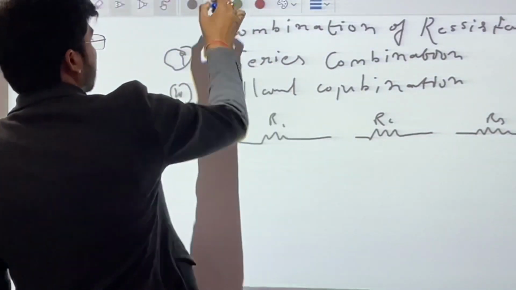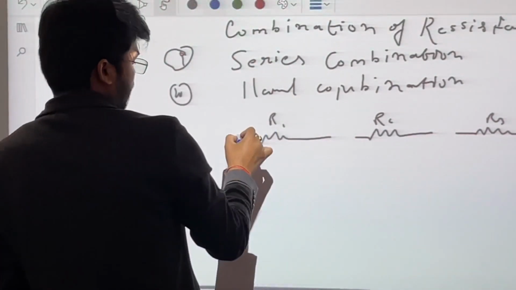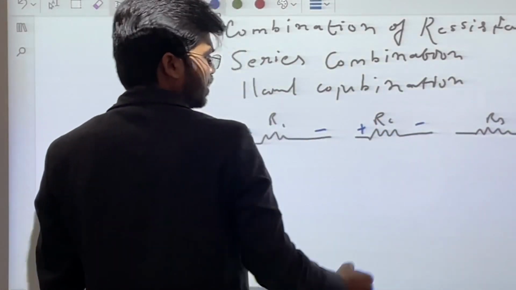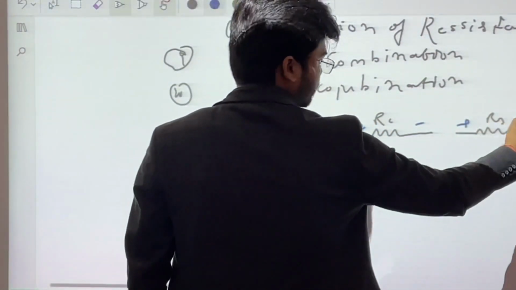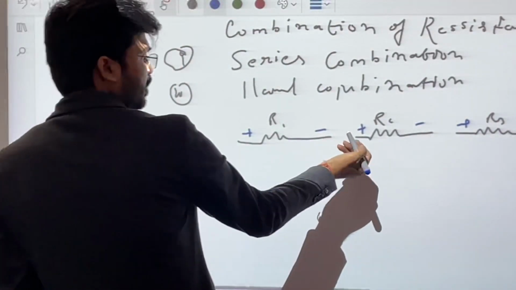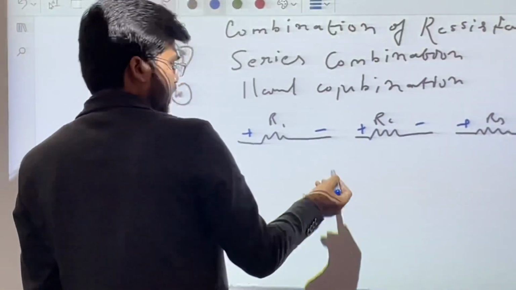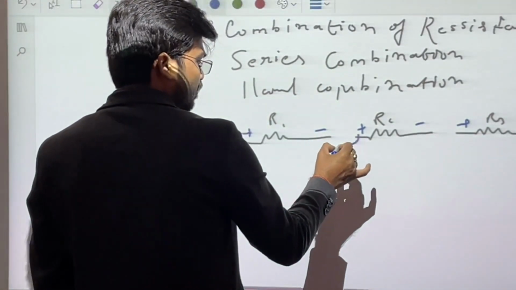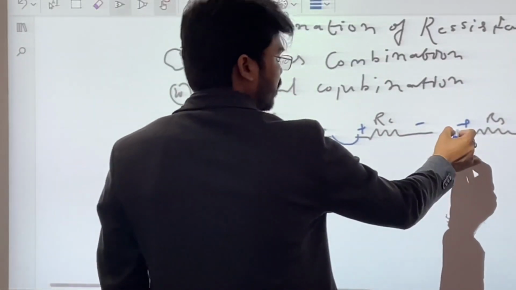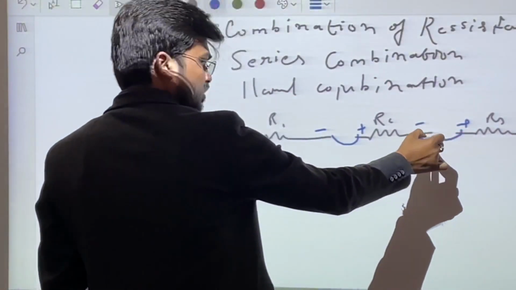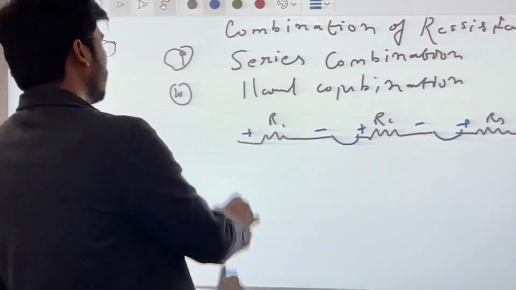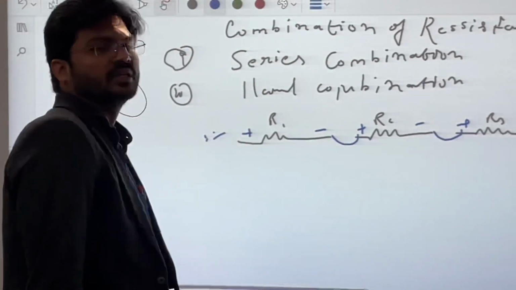In a series combination, the positive terminal of the second resistance is connected with the negative terminal of the first resistance, similarly the positive terminal of the third resistance is connected with the negative terminal of the second resistance, and so on. This combination is called series combination.